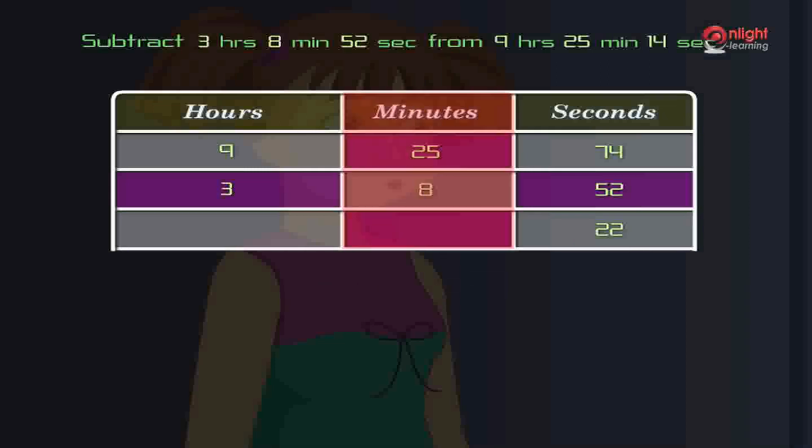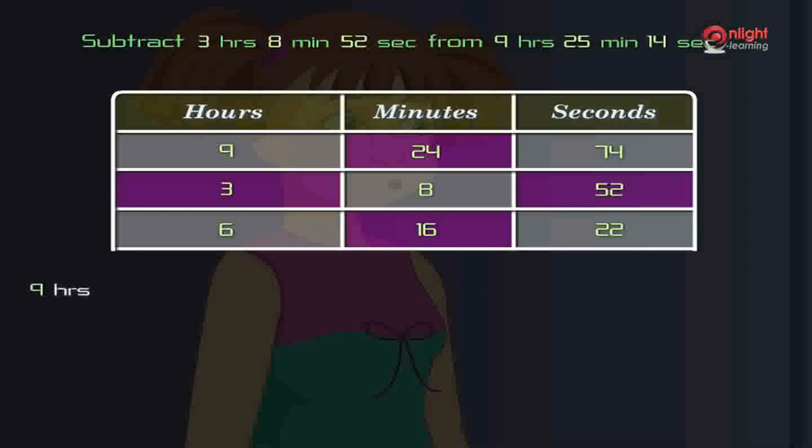Now subtract the minutes column. We first subtract the 1 which was borrowed from 25. That is 25 minus 1. Hence, 24 minutes minus 8 minutes is equal to 16 minutes. Now subtract the hours column. We get 9 minus 3 is equal to 6 hours.